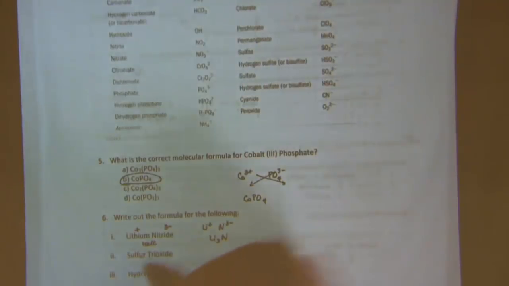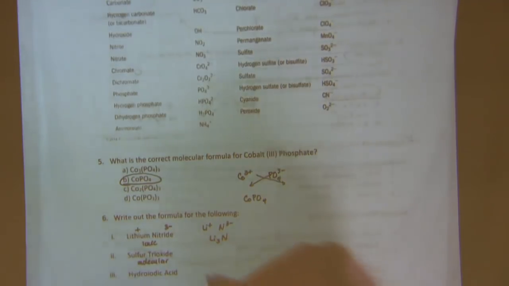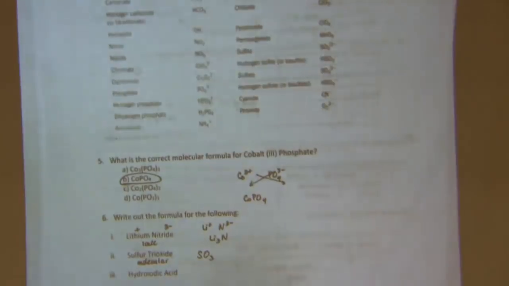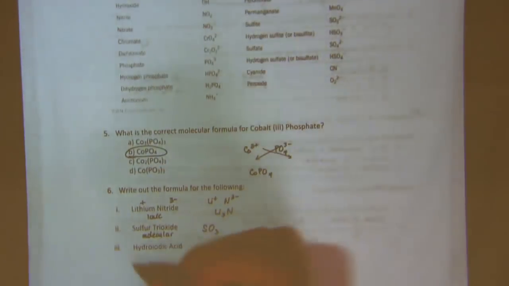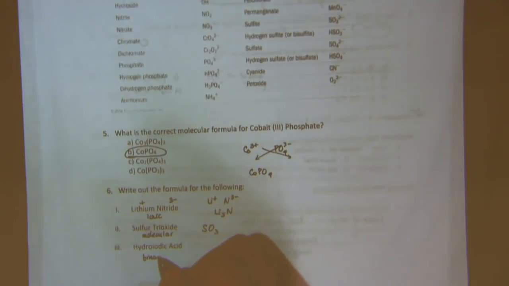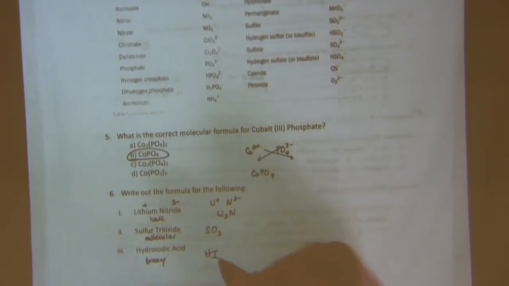So sulfur trioxide is between 2 nonmetals, and so this is molecular. We would have SO3. Make sense? And then hydroiodic acid, it's a binary. Like I said, it would just be HI.